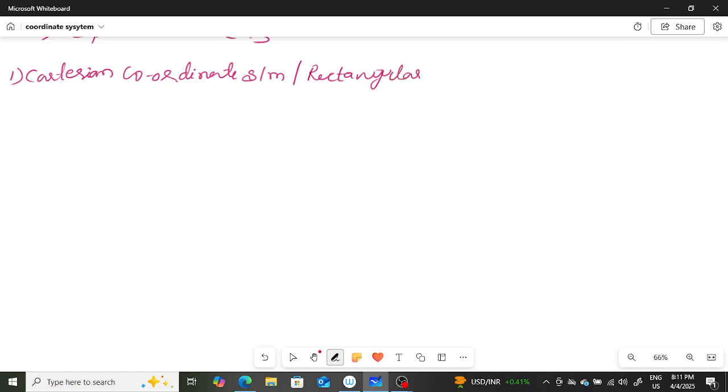Try to remember the alternative names also, because in the examination they may say the given data is in the rectangular coordinate system. Then you should not feel like this is a new coordinate system. The Cartesian coordinate system and the rectangular coordinate system are one and the same. So how is the rectangular coordinate system going to be represented?